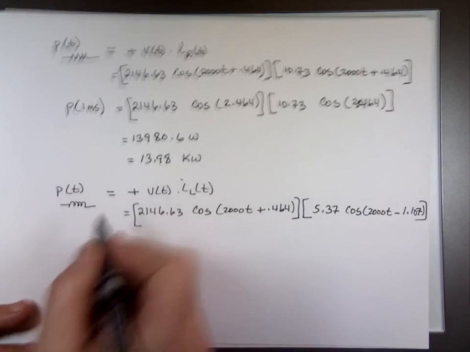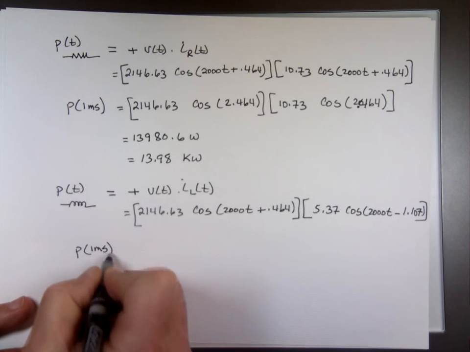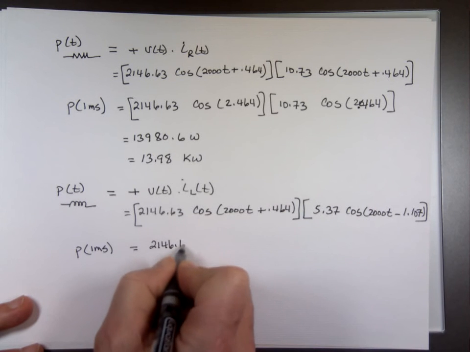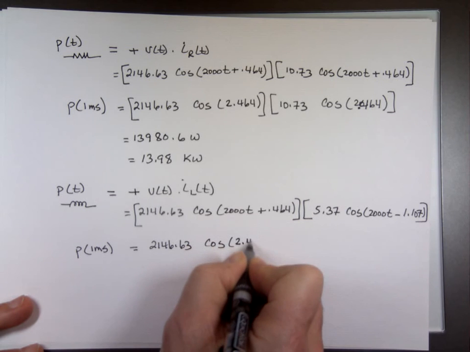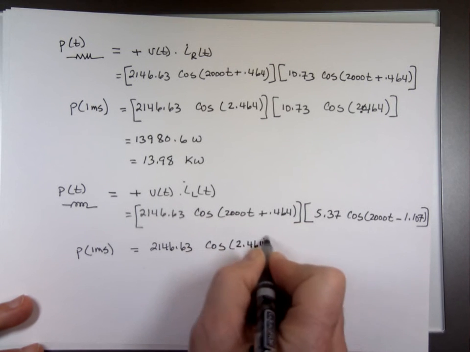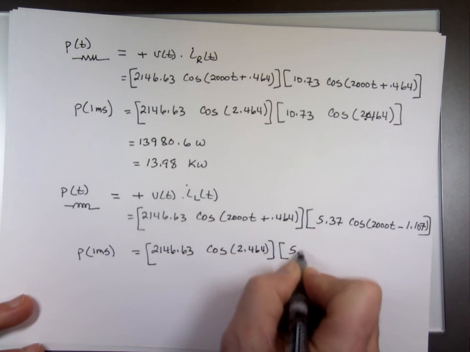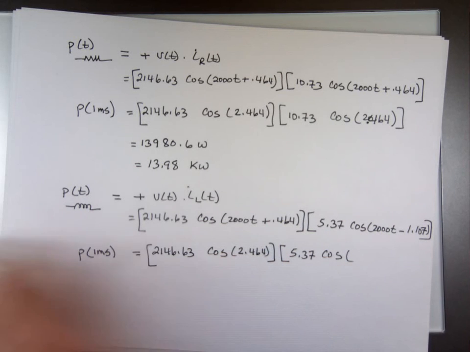What is the instantaneous power at 1 millisecond for the inductor? 2146.63 cosine 2.464 times 5.37 cosine, what's 2 minus 1.107?